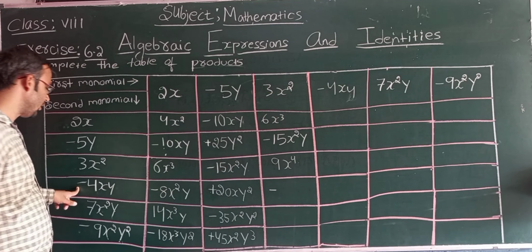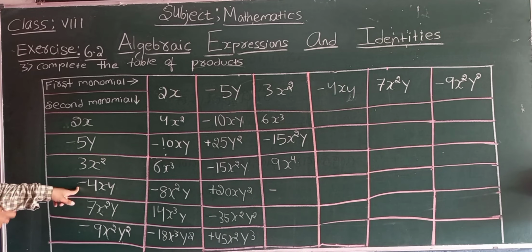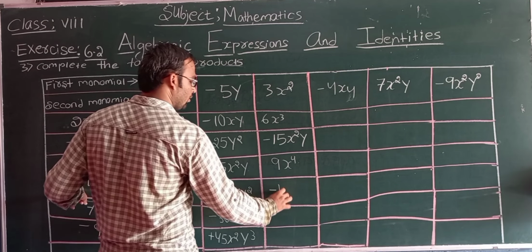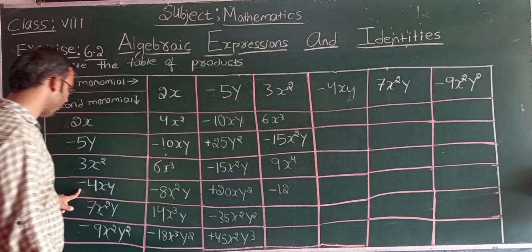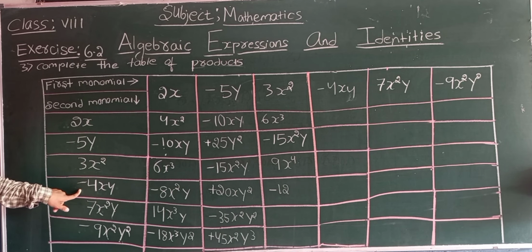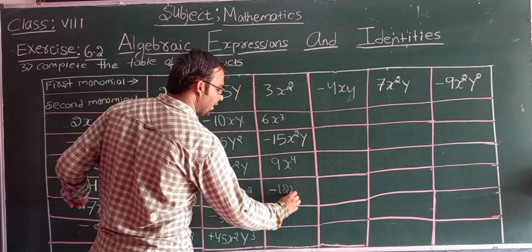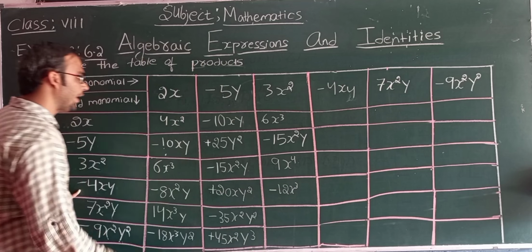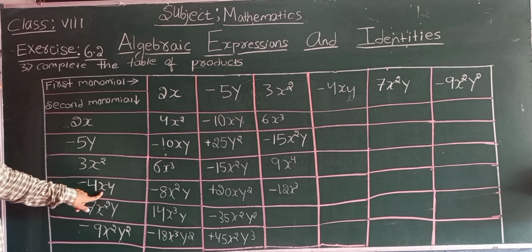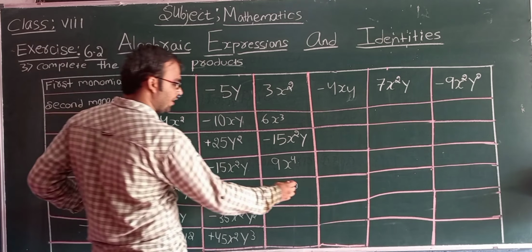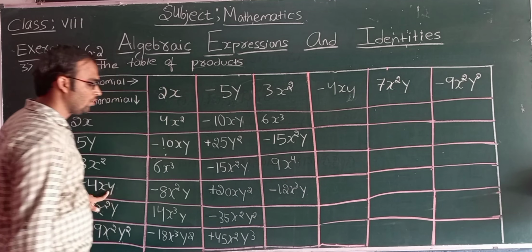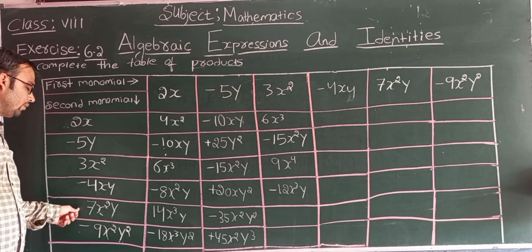Consider this one, students. So now 3 4s are 12. X square into x will be x cube, and here y is there, so write y. Okay, now come to this one.